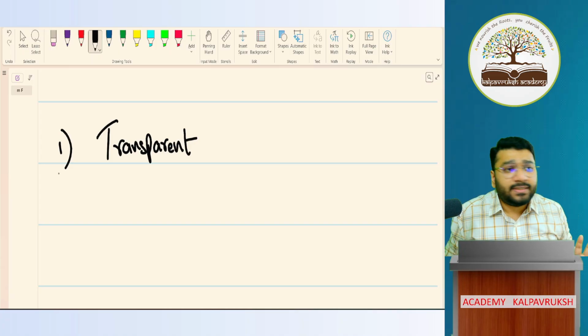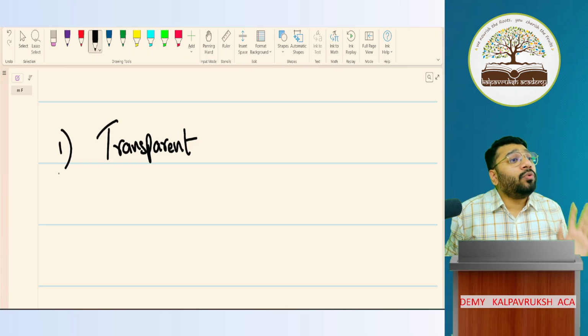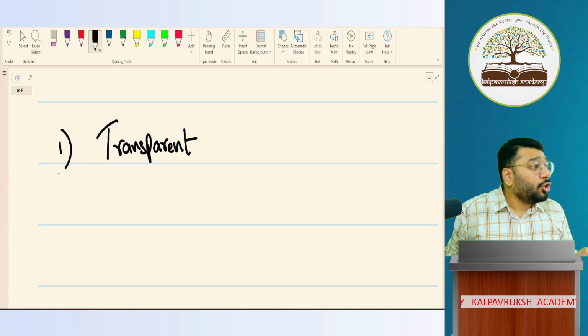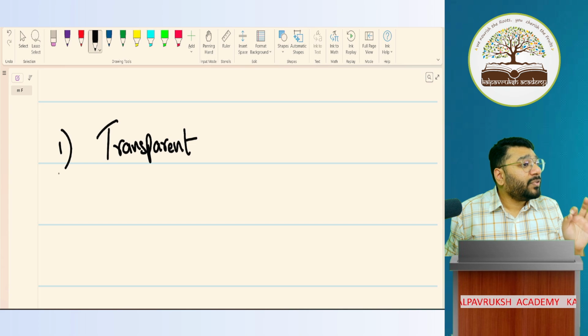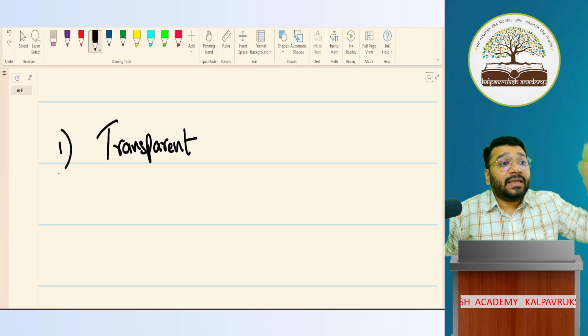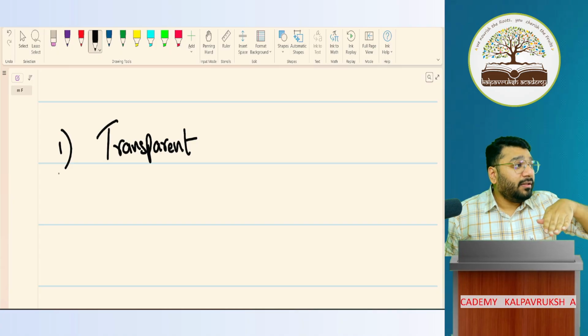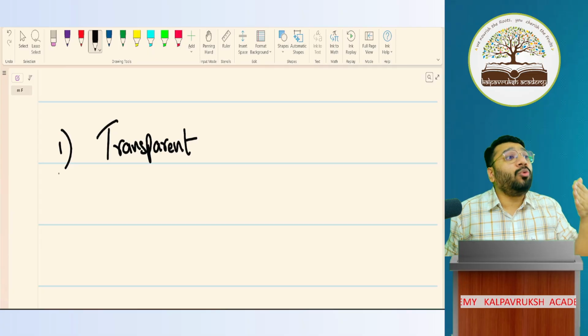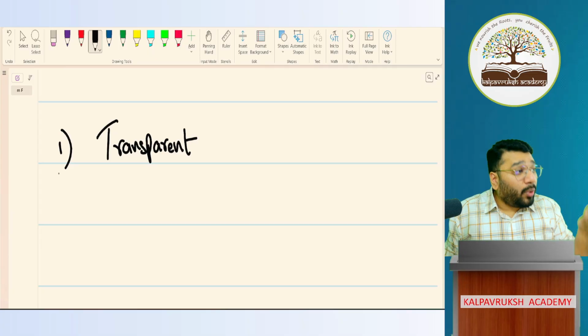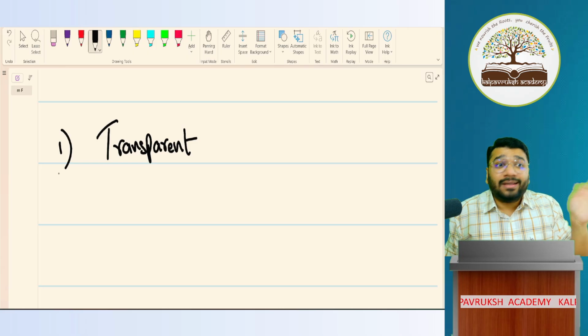What is the meaning of transparency? All the data that you present in the financial statement should be true and fair. There should not be any hidden agenda. If there is something happening inside your company that is not reported or accounted for, then the financial statement you are preparing and presenting is not transparent.